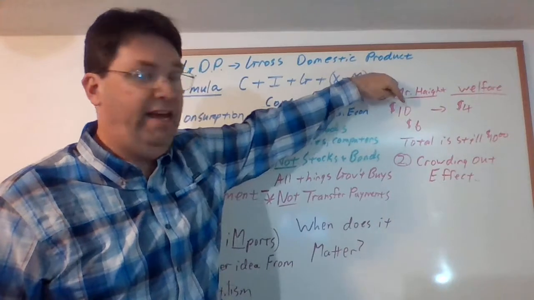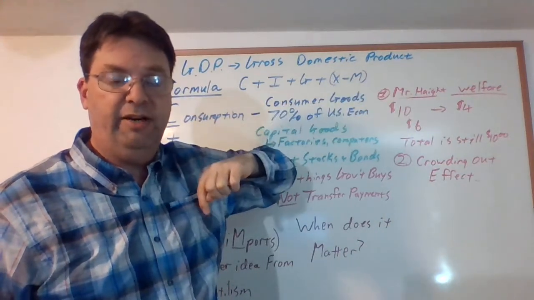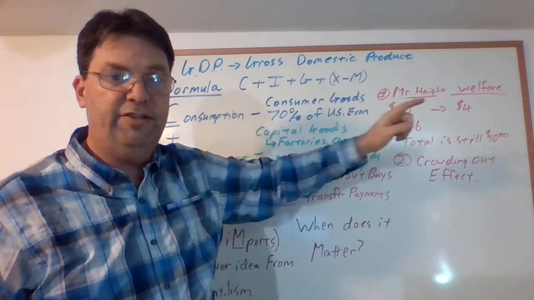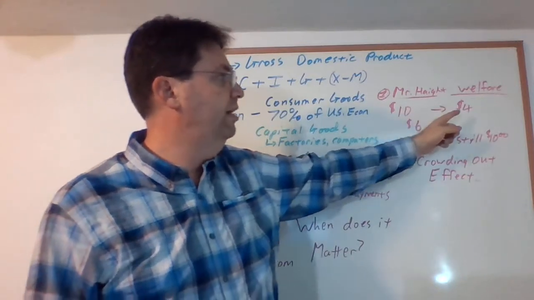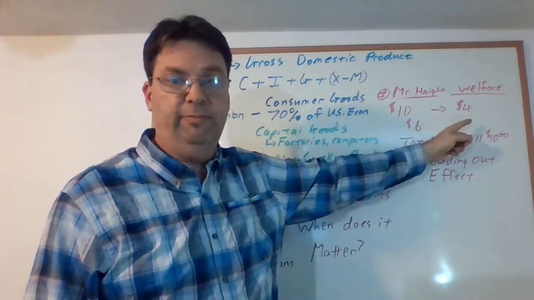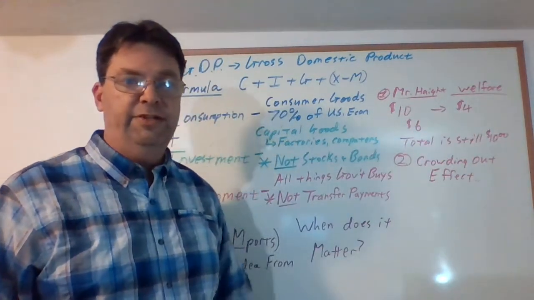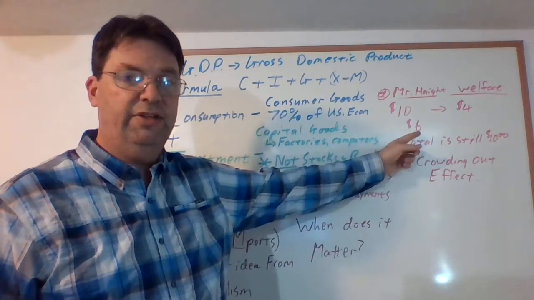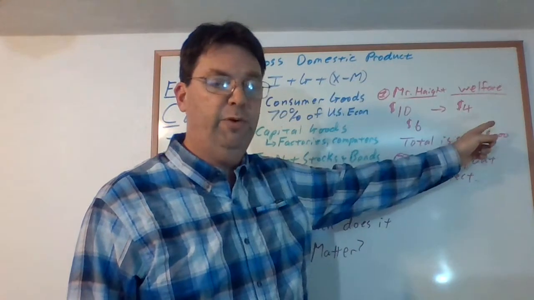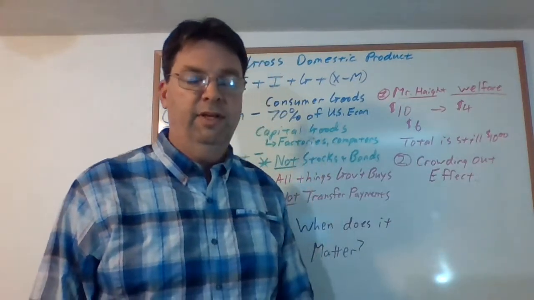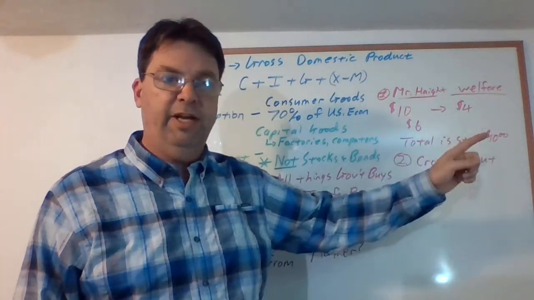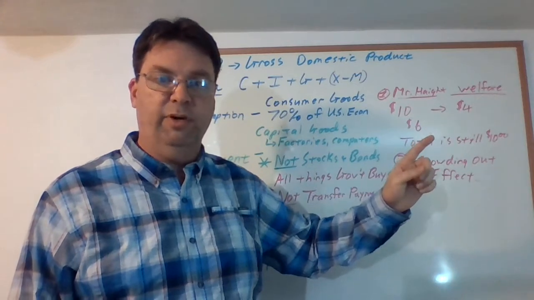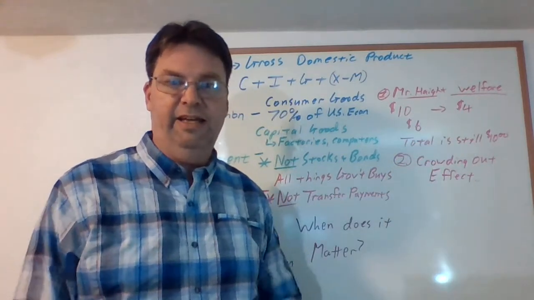For example, Mr. Haight has $10 in this example here, and they come out with a tax that says you must give 40% to some kind of welfare program. Okay? So now my $10 in my pocket becomes $6, and someone else gets my $4. Well, they're happy with the 4. I'm unhappy because I've lost 4. But have we gained anything?